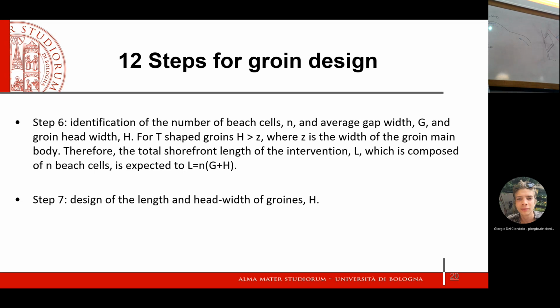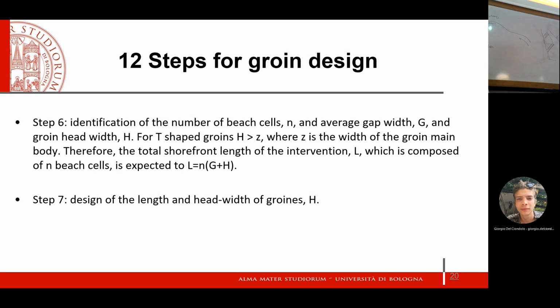And here we assume that all the groins are T-shaped, have the same shape, and therefore we don't have here the consideration of Z, of the width of the body.